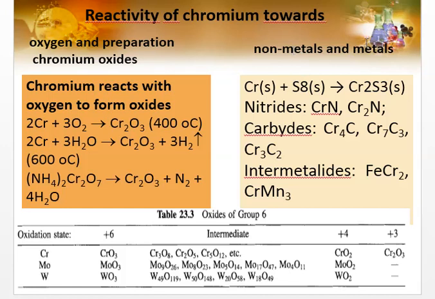With non-metals and metals, chromium can react with sulfur in the preparation of chromium sulfide. With nitrogen, we can prepare chromium nitrides.